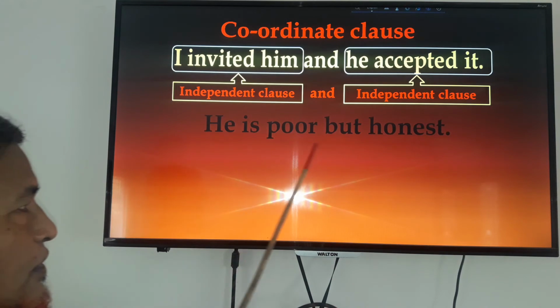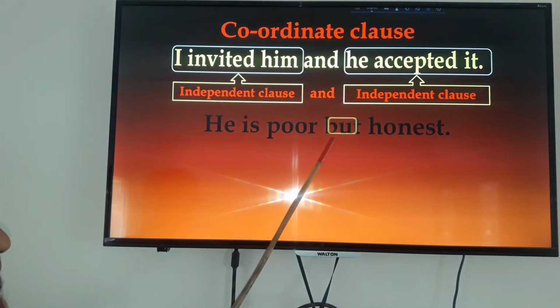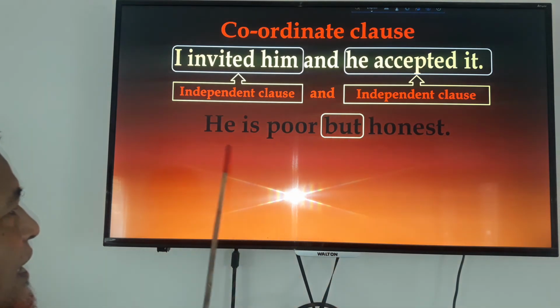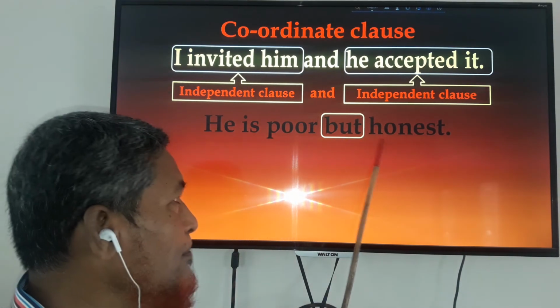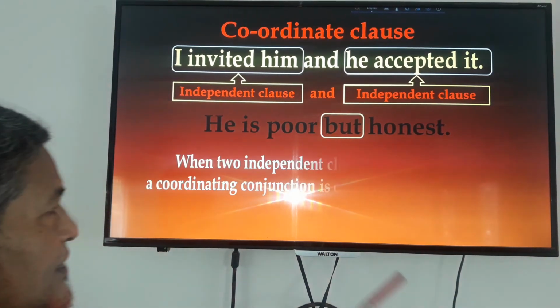Here is another example. He is poor but honest. But is in the middle of the two independent clauses. He is poor but he is honest.